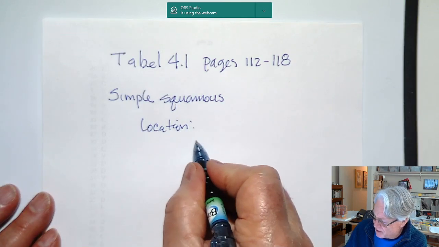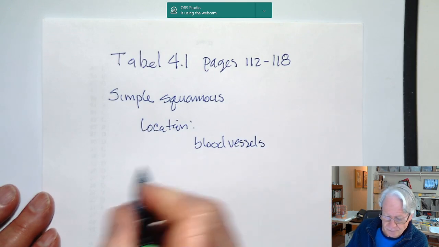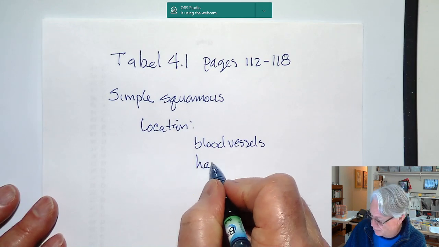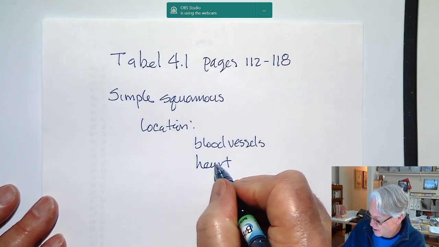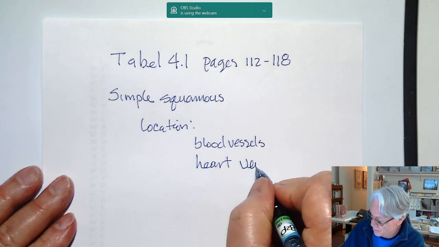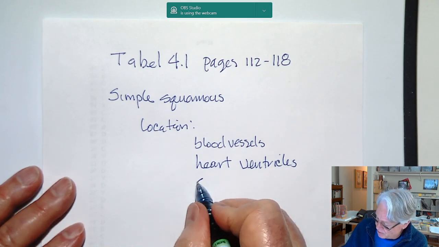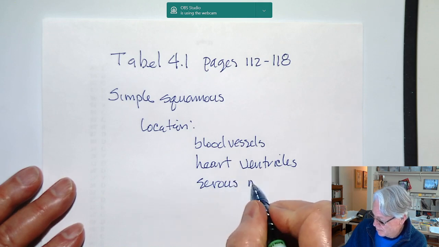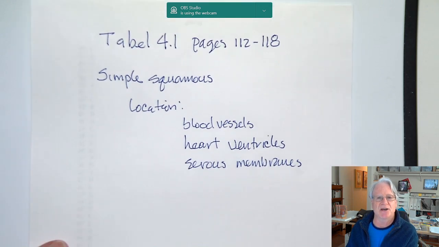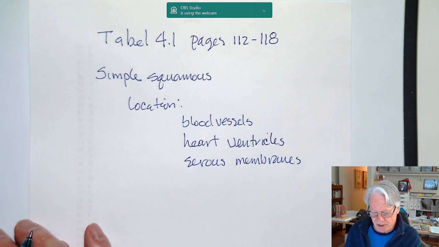So a variety of places: blood vessels, lining the heart ventricles, serous membranes. Once again, please note that I'm not giving you an exhaustive list here. I'm giving you some examples in a variety of different places.